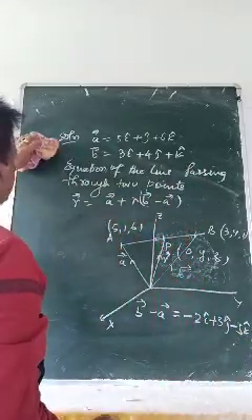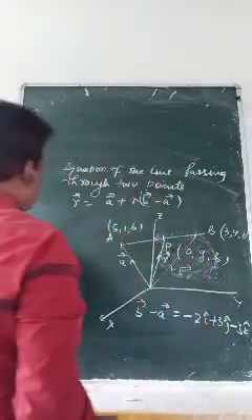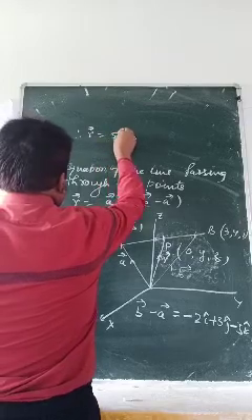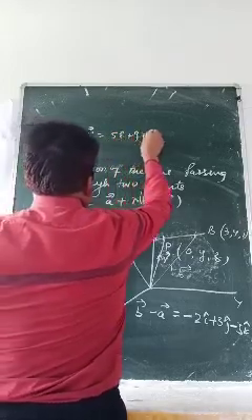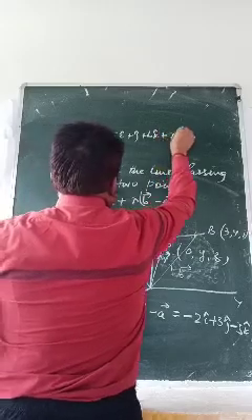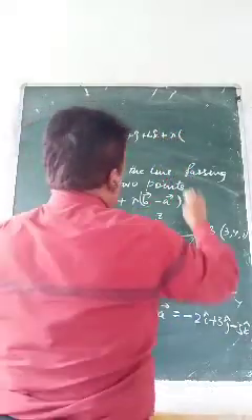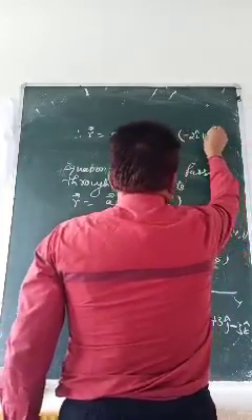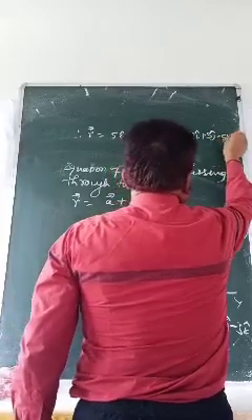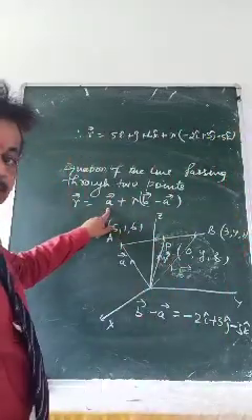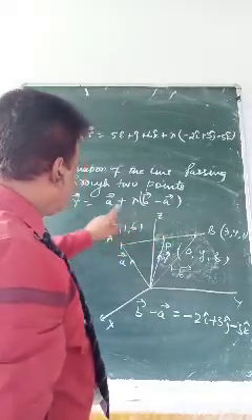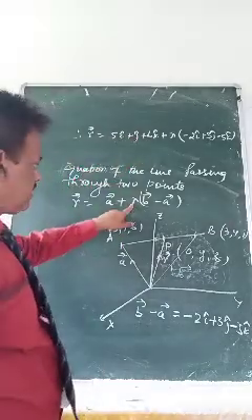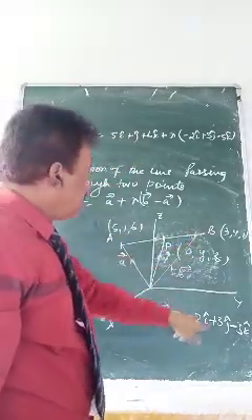So you can write, therefore, R equals 5i + j + 6k + lambda times (-2i + 3j - 5k). Look at it again. R is A plus lambda times (B minus A). A means this point 5i + j + 6k, and lambda times (B minus A) we have already found.